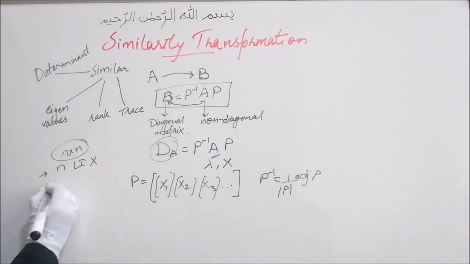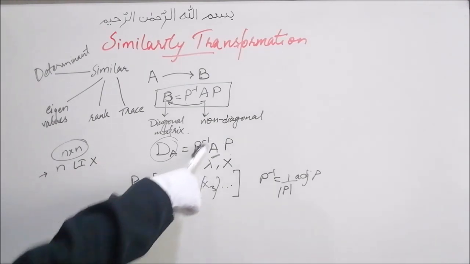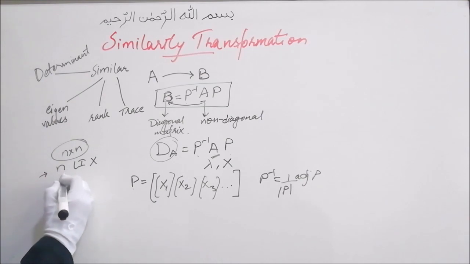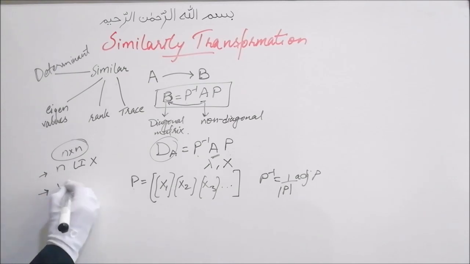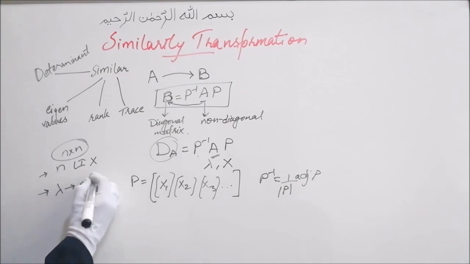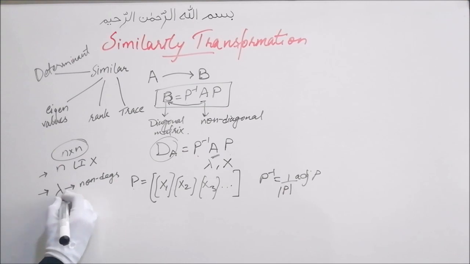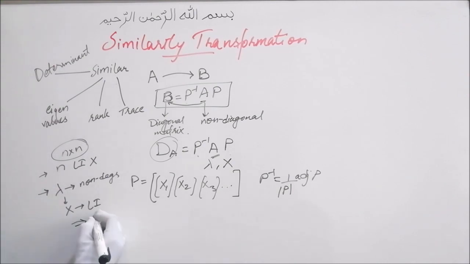Or you can also say this as if our matrix A has all the eigenvalues as non-degenerate eigenvalues. That is, if all lambda eigenvalues of A are non-degenerate, that means X will be linearly independent. We saw this in the previous videos, that diagonalization is possible.